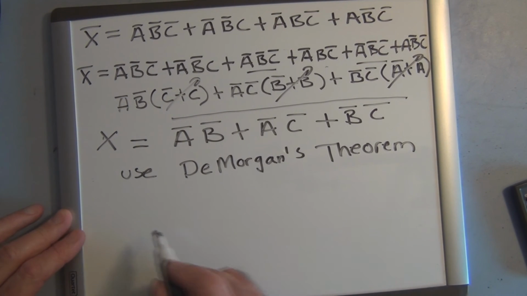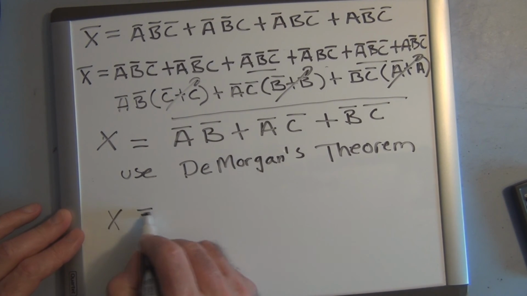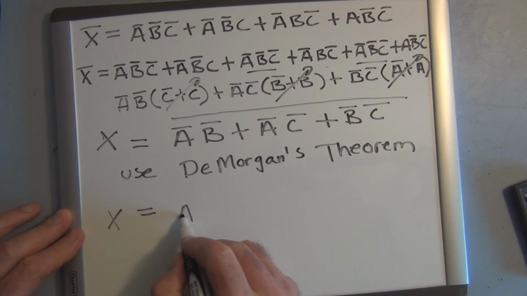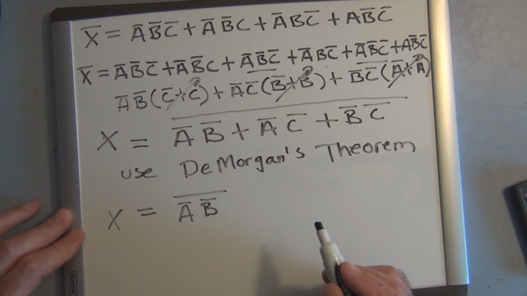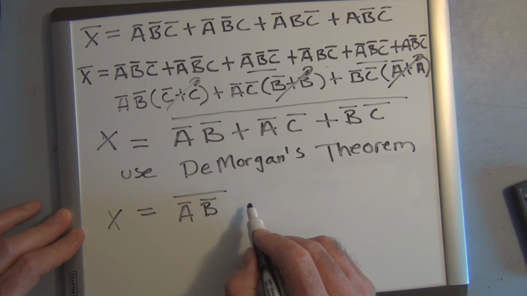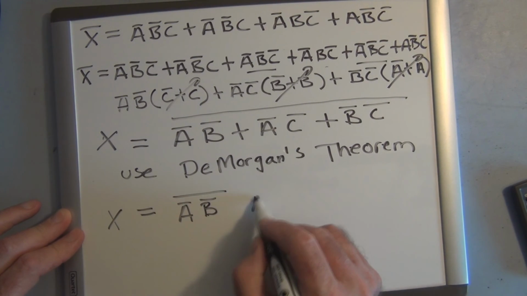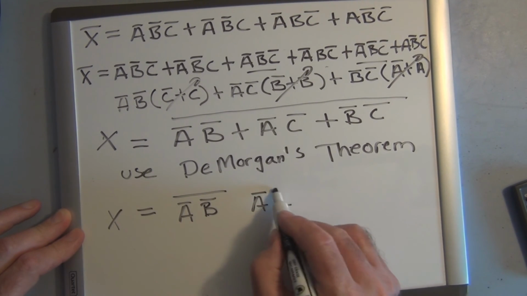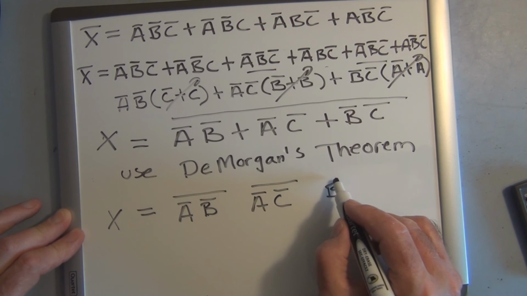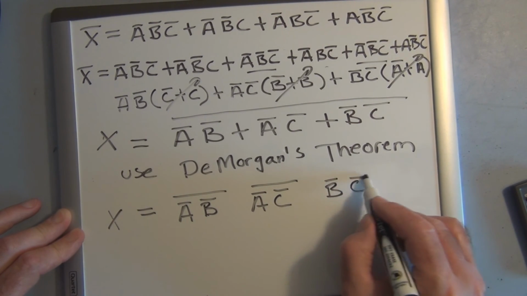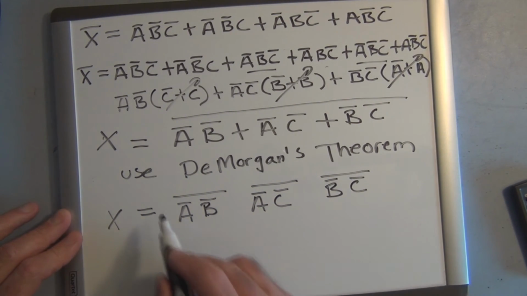So to start breaking this up, this would be x equal to a naught, b naught, and that will be and together with a naught, c naught, and this here would be b naught, c naught, all inverted.